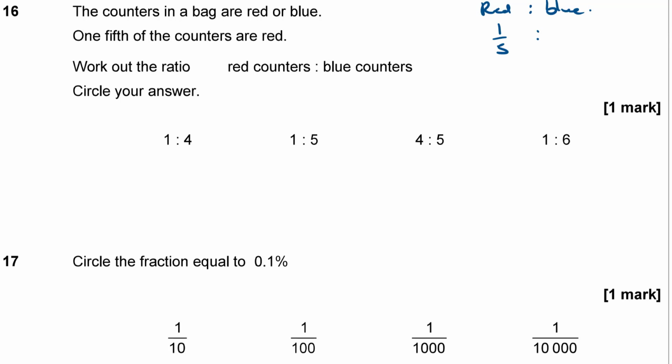A whole take away 1/5 leaves 4/5. So that must be 1/5 red, 4/5 blue. Now if I then multiply both of those by 5, then I'm going to get the ratio 1 to 4, aren't I? So the ratio of red counters to blue counters is that one there, 1 to 4.